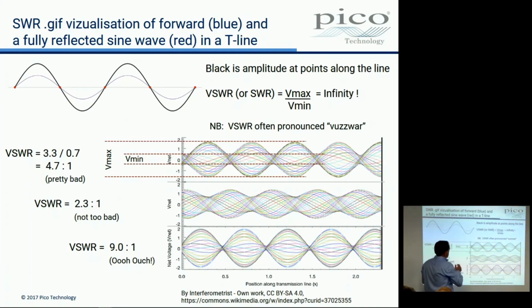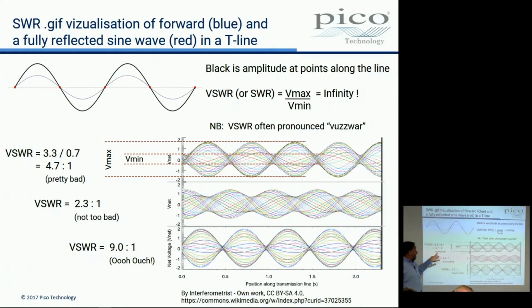And Wikipedia draws out several examples here where Vmax and Vmin are variables. So this is quite a badly mismatched line. If we do the maths on it, you can measure those, and the standing wave ratio is 4.7 to 1.